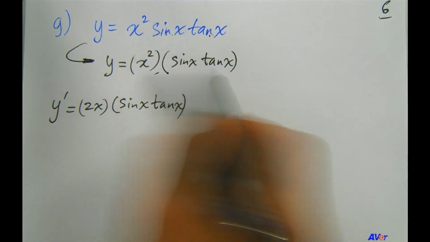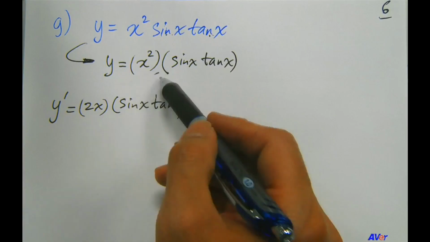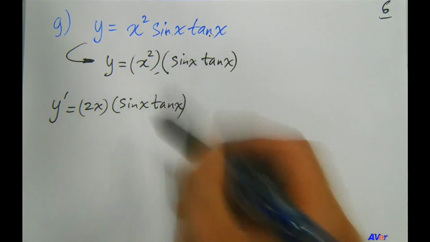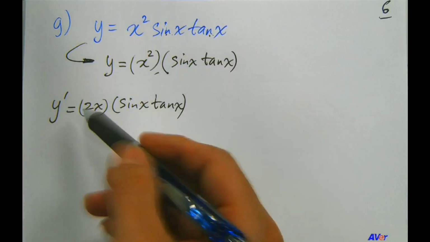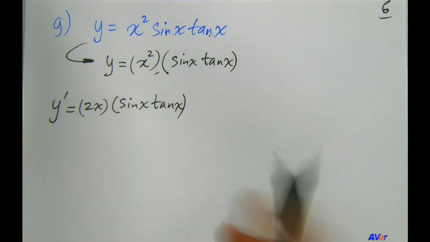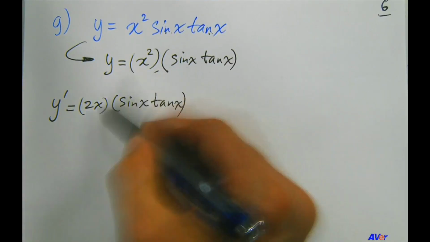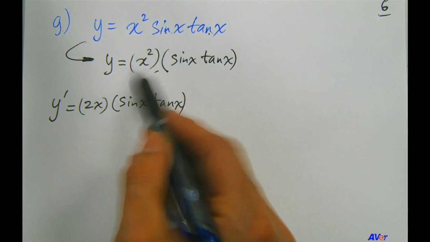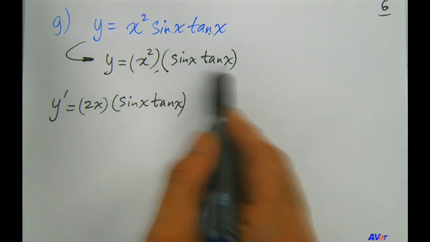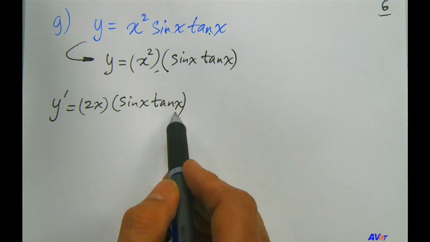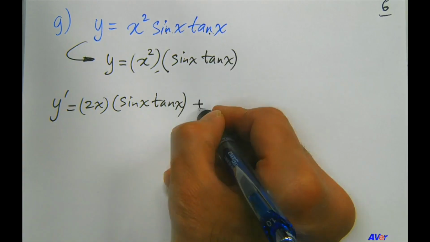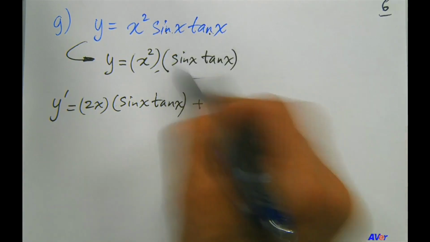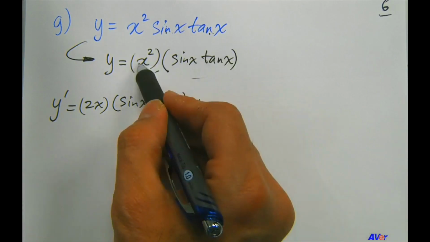So do it like this, either on paper or in your mind, and then complete the derivative for it. So that's the first step. Take the derivative of this, multiply it by all of that, which is what I've done, then take the derivative of this piece and multiply it by x squared.